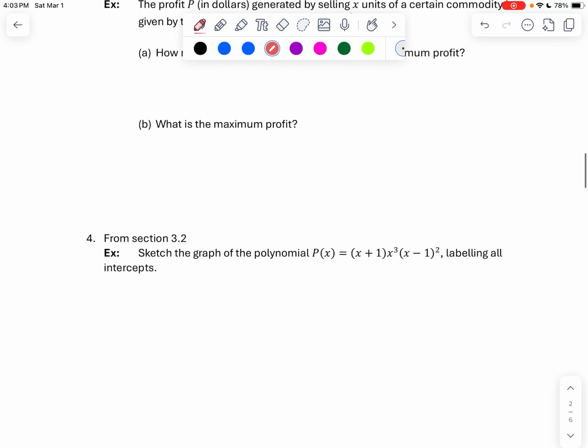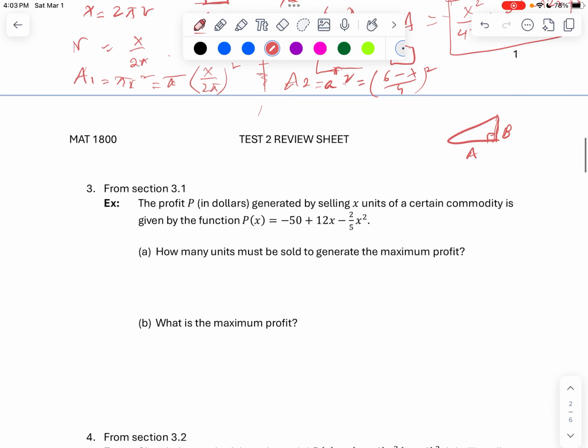When you get a question like that, note here the function given is a quadratic. In your class at this level, this type of question you will get only with a quadratic function.